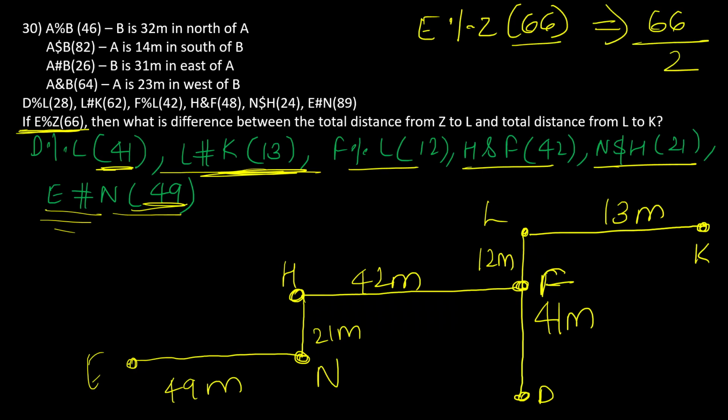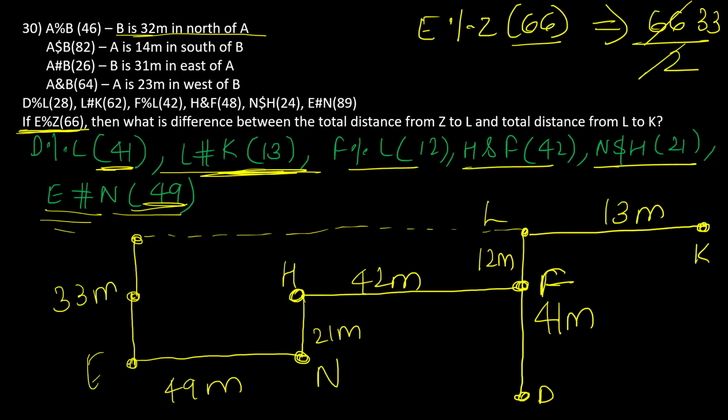So you have to divide it by 2, you will get 33, correct? E%Z means Z is to the north of E by 33 meter. This is already 21 meter, and if you come here, it will be 12 meter. So exactly, this full will be 33 meter.